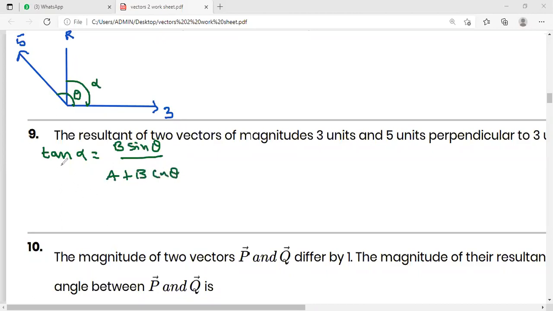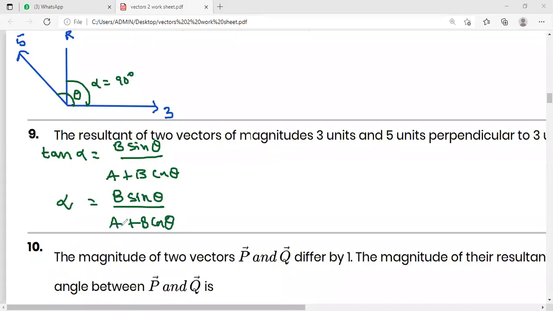And what is alpha here? 90 degrees is given for alpha. Perpendicular means alpha is 90. What is tan 90 degrees? Tan 90 will be infinite only, no? So infinite equals B sin theta by A plus B cos theta.